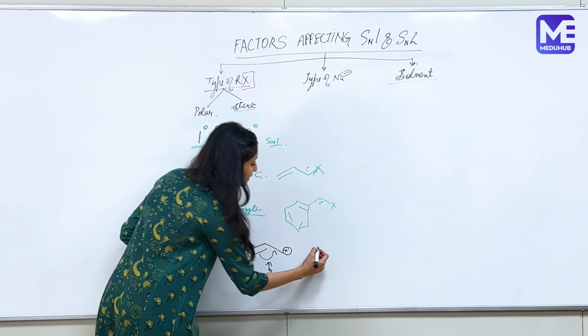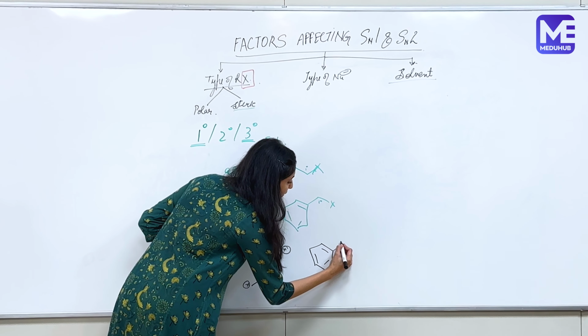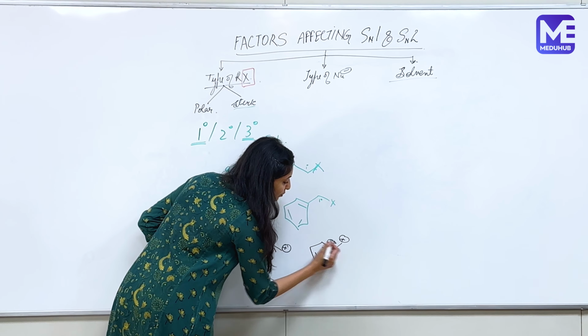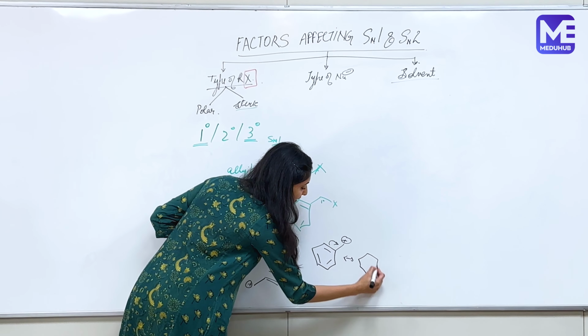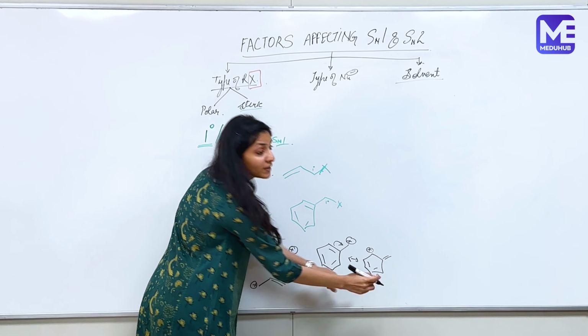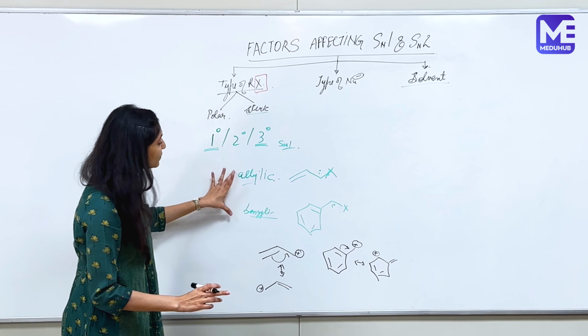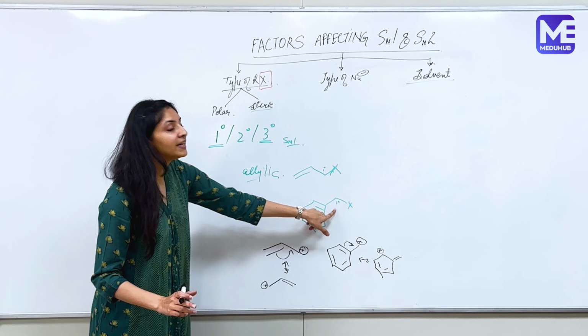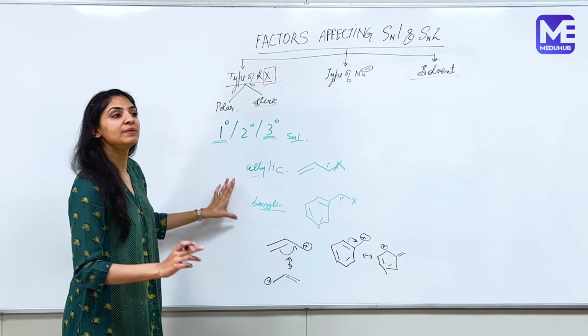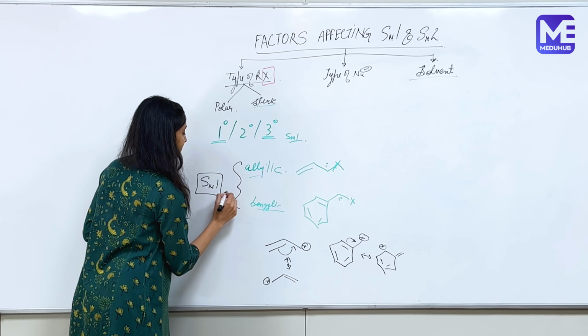And similarly, a benzylic halide will give a carbocation which is again resonance stabilized. This one moves here and we get a positive charge on this carbon, a double bond here, and so on and so forth. So because of the special resonance stability associated with these two, even though they are 1 degree primary halides, allylic and benzylic favor an Sn1 reaction.